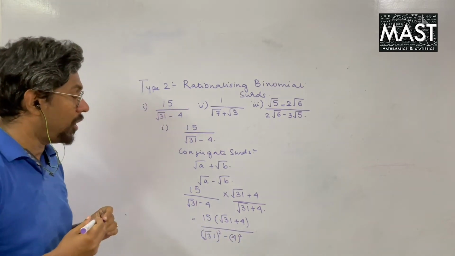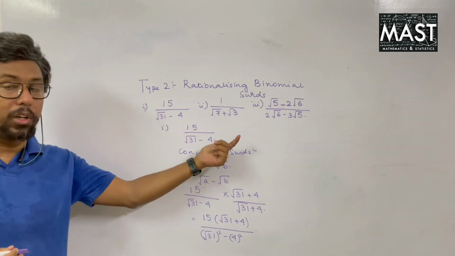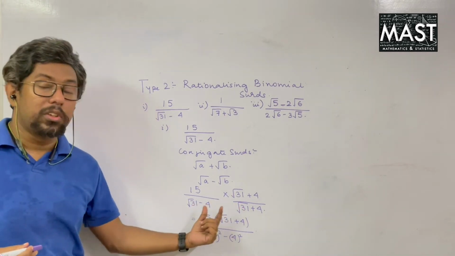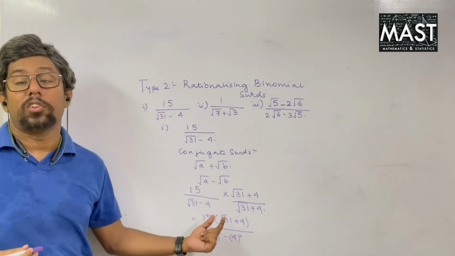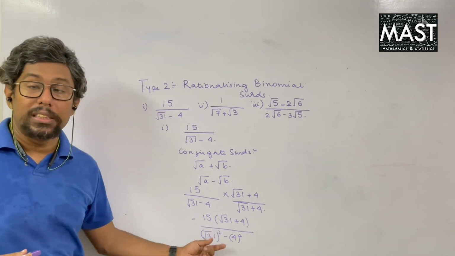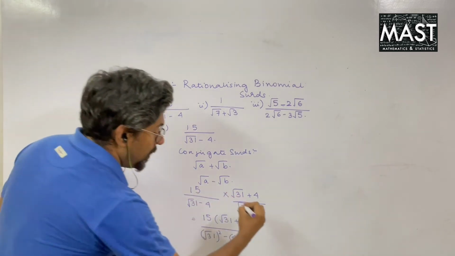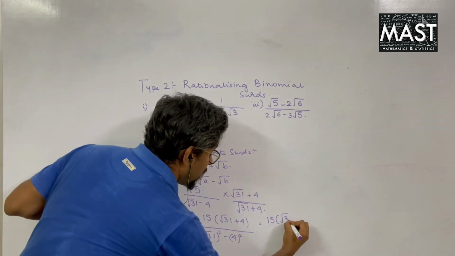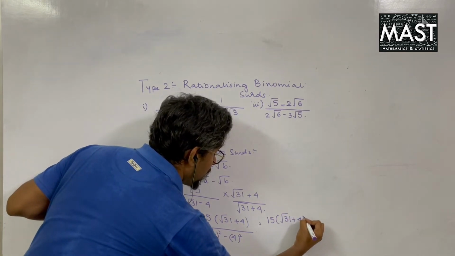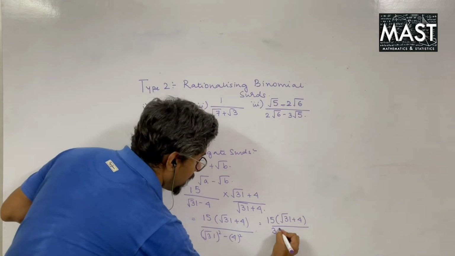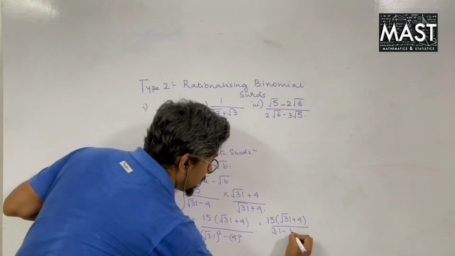The advantage of multiplying a binomial surd by its conjugate surd is that it follows the formula of a square minus b square, which means the root of the term is negated. So you will have 15 into root 31 plus 4 by root 31 whole square is 31, minus 4 whole square is 16.